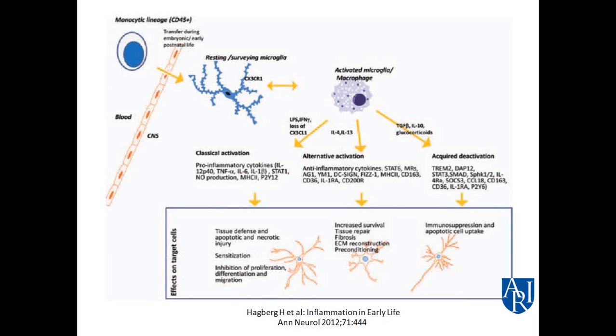Or it can produce what we call alternative activation, which is actually anti-inflammatory. It controls inflammation. And then there is a function called acquired deactivation as well. It is not entirely clear, unless you are looking at an experimental model, whether microglial activation in the brain is pro-inflammatory or anti-inflammatory.